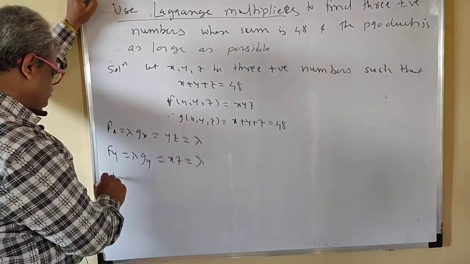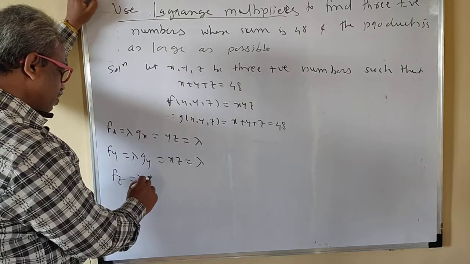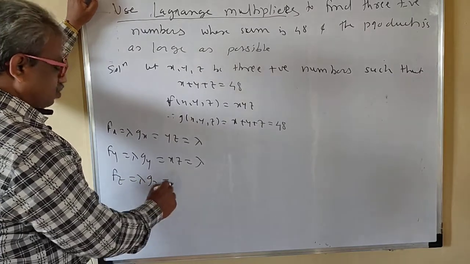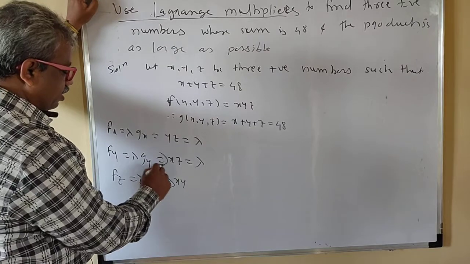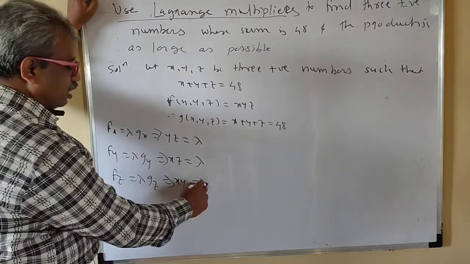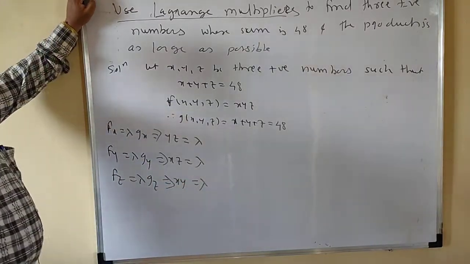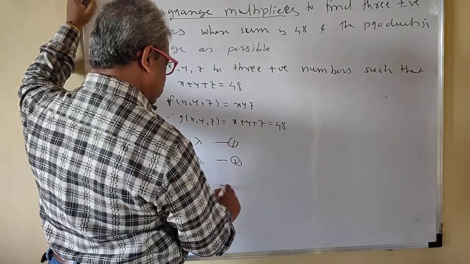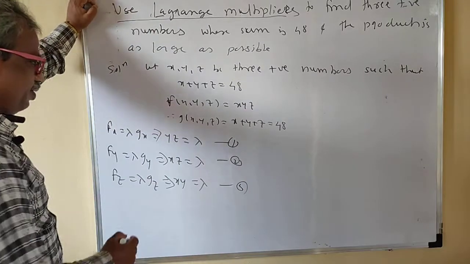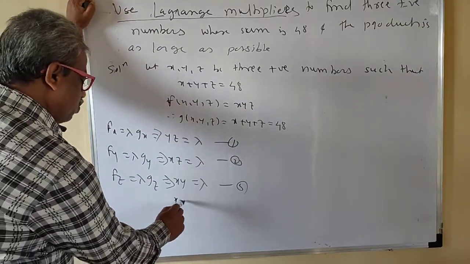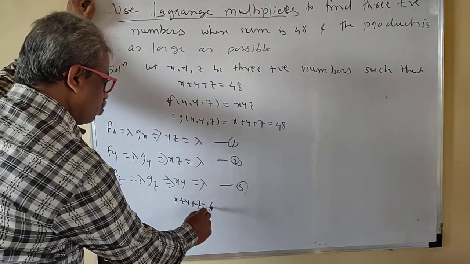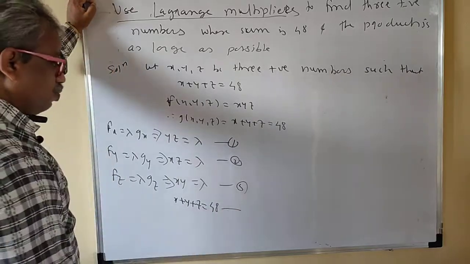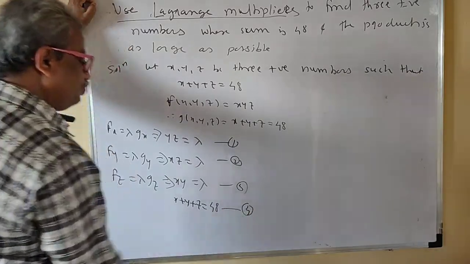This is 2. f_z is equal to lambda g_z, so this is xy, which is also equal to lambda. This is 3. And x plus y plus z is equal to 48. This is your 4.